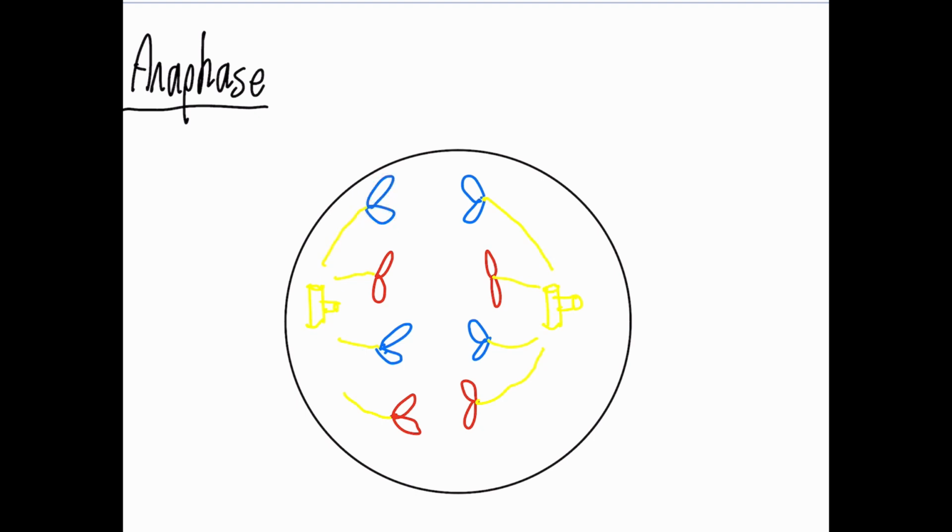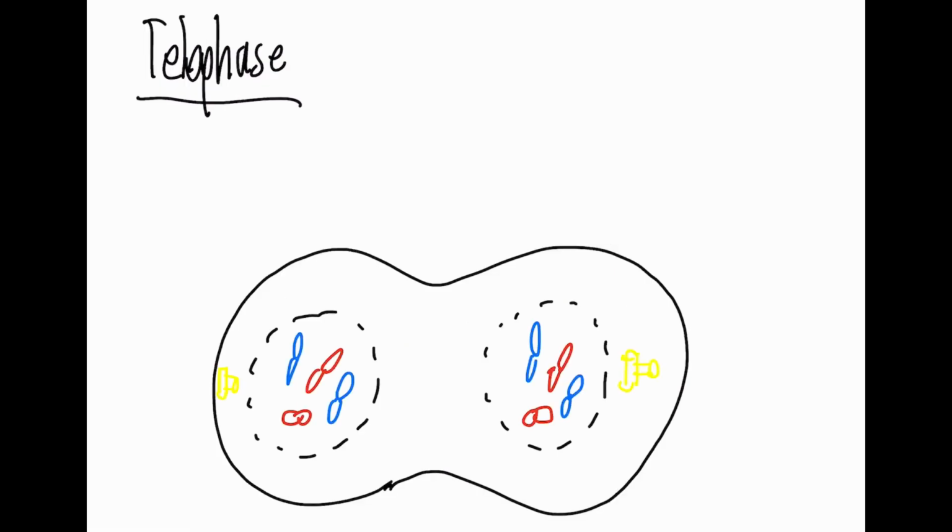So one sister chromatid will be going this way, and the other sister chromatid will be going to the other pole of the cell. This is how to identify anaphase. So in a nutshell, do be on the lookout for the chromosome that has split into its sister chromatids, as well as the spindle fibers that have shortened and contracted to pull the sister chromatids to the opposite poles.